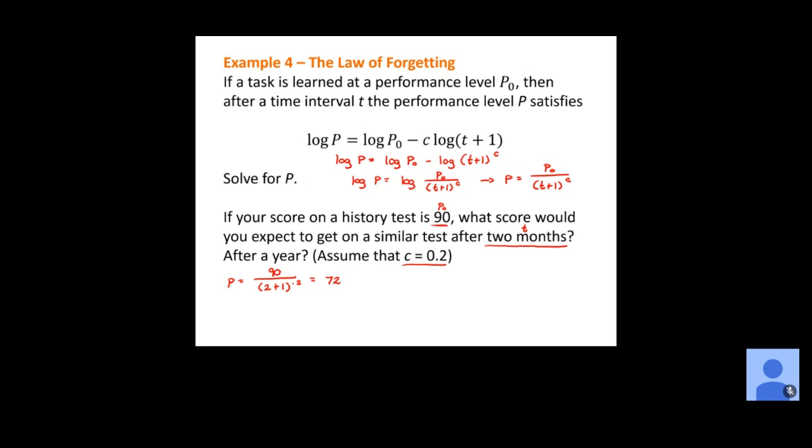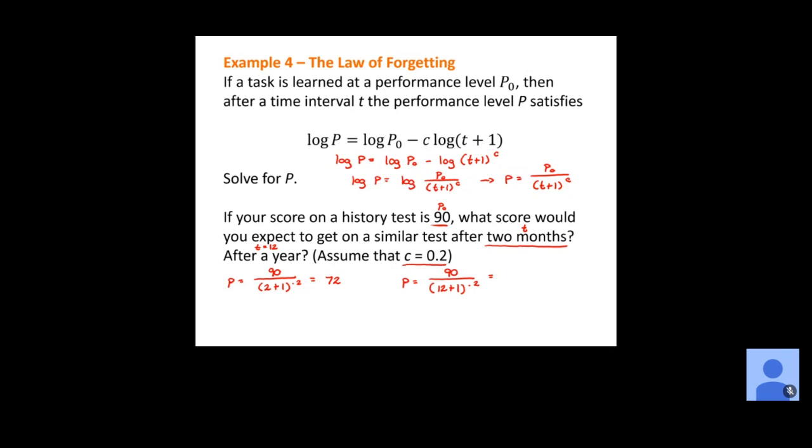Then we want to figure out after a year. Again, I'm looking for the P value. P sub 0 is still 90. That hasn't changed. This time, though, after a year, remember for T we used 2 for months. That means after a year, our T value is going to be equal to 12, because that's 12 months in 1 year. We're going to do 12 plus 1, and our C value is still 0.2.